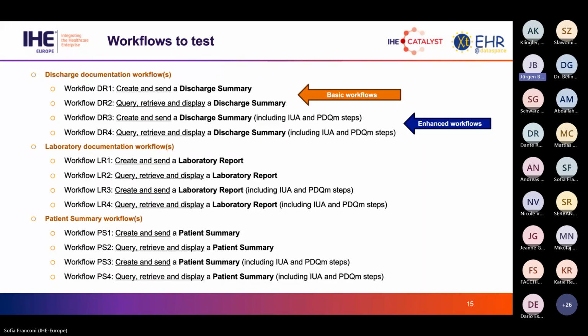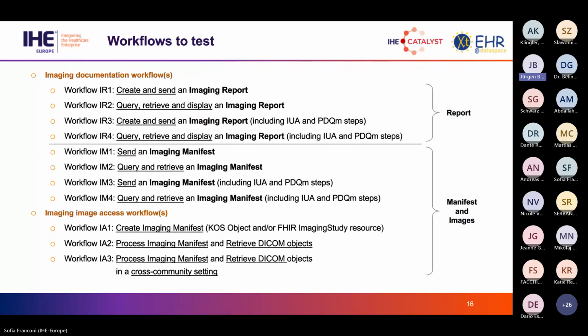That's what we call the enhanced workflows. The same goes basically exactly the same for laboratory report and patient summary. Next slide, please. And also for the imaging report, we handle it exactly in the same way as the other document types.